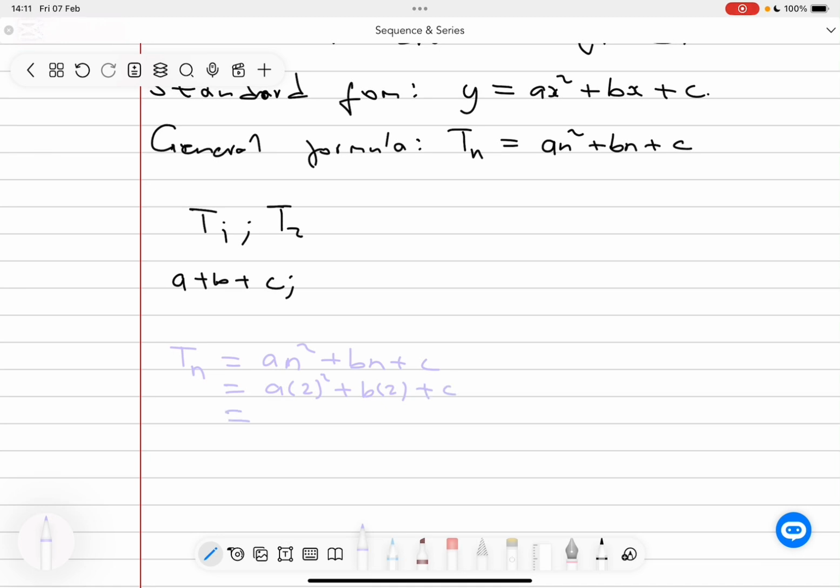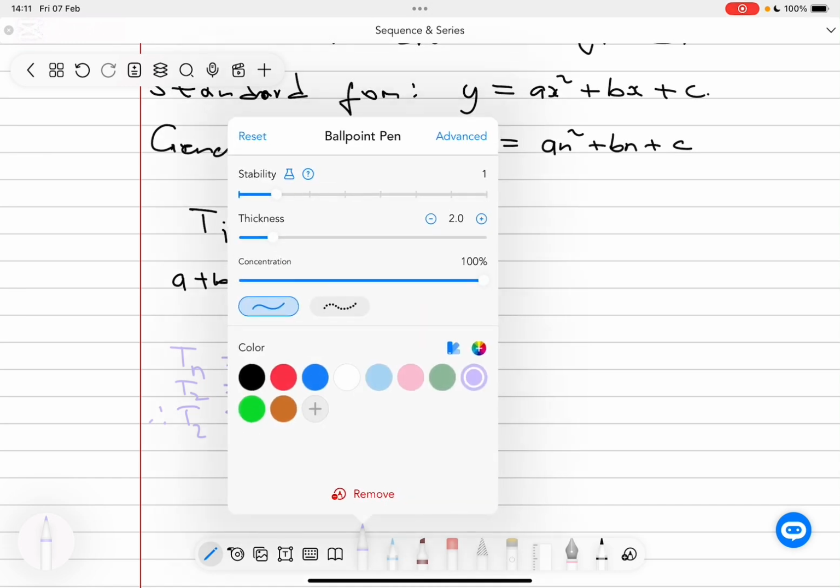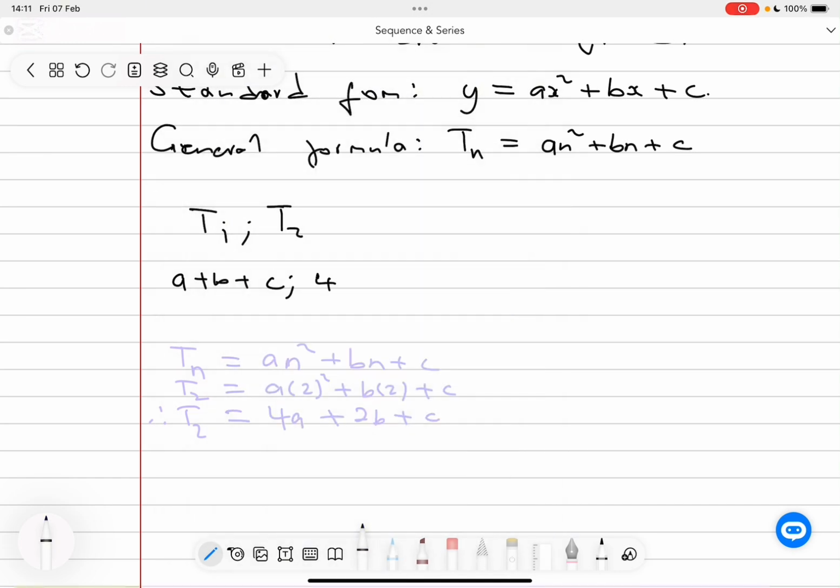And this would simplify to 2 squared is a 4, 4 times a is just 4a. And here I'm simply going to have 2b plus c. Now this means the second term, because the n here is a 2, would be given by 4a plus 2b plus c.